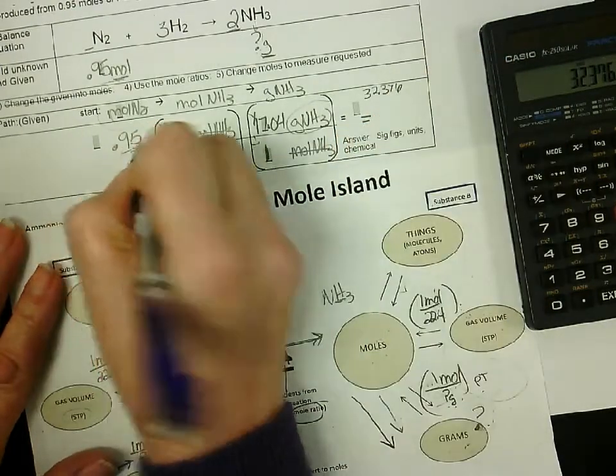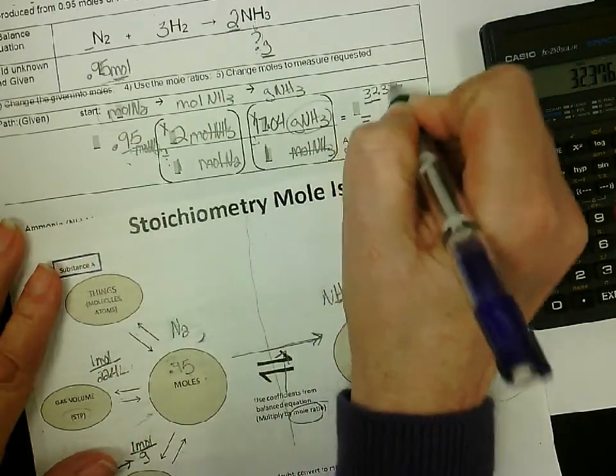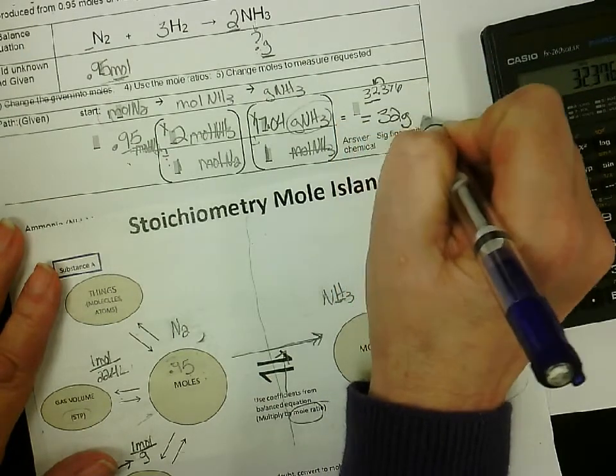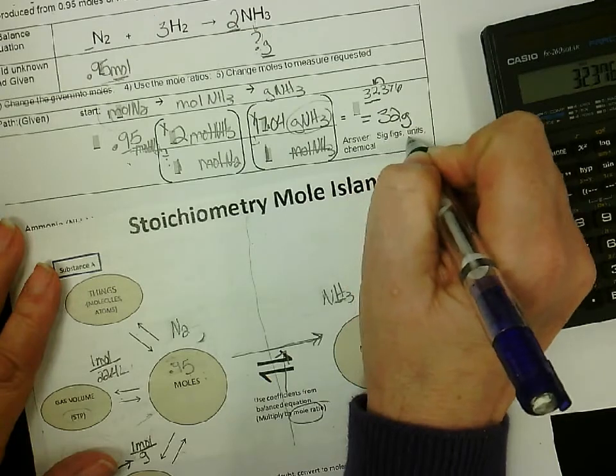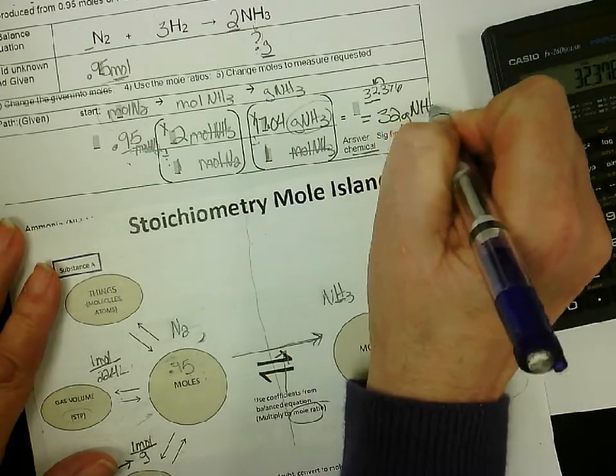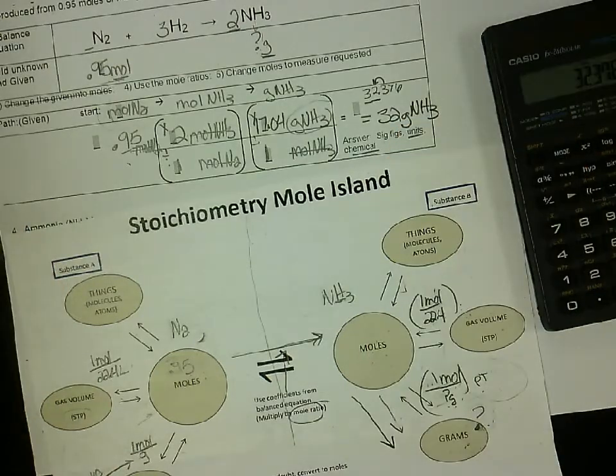Now I have 2 sig figs here, so I want only 2 sig figs. That 3 doesn't round it, so I have 32 grams. That is my units, and then I need my chemicals. Grams of what? Grams of peanuts? No, grams of ammonia.